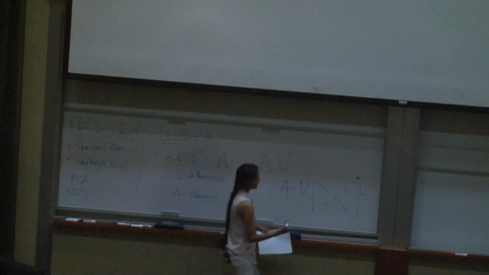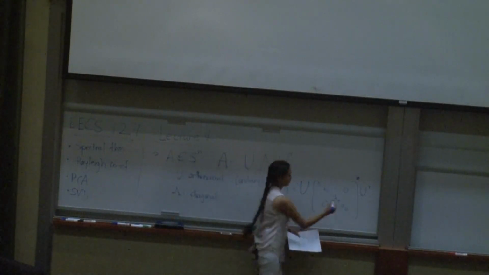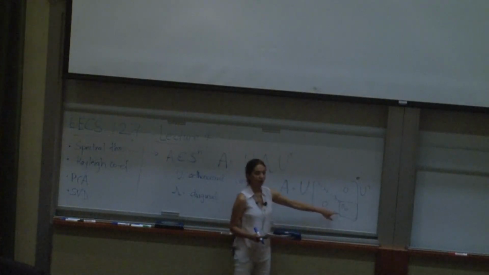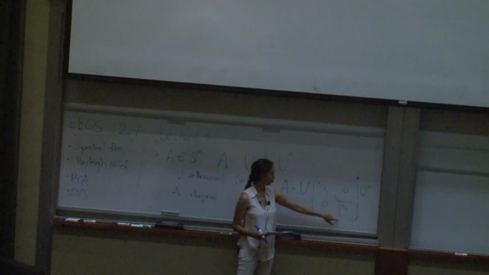Yeah, it's the last n minus r columns of U, right? So if everything here in this block is all zeros, whatever hits this is going to be completely sent to 0 always, right?